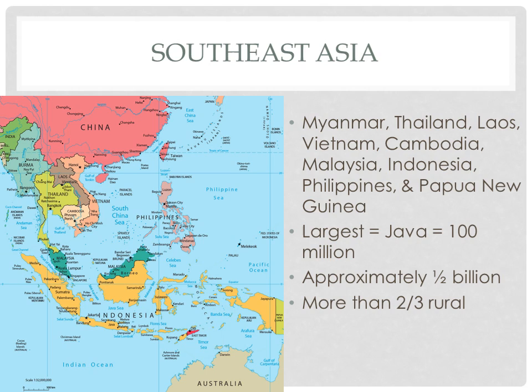And really, there's one area that we should know especially well in Southeast Asia, and that is the island of Java. Now, Java is actually part of the Indonesian archipelago, and it contains the Indonesian capital city of Jakarta. And on the island of Java, there are 100 million people.